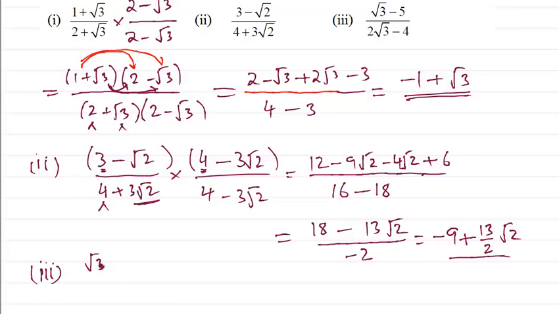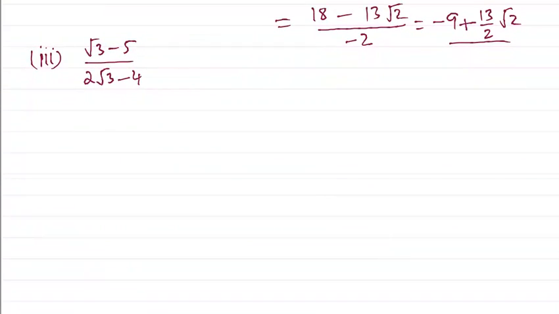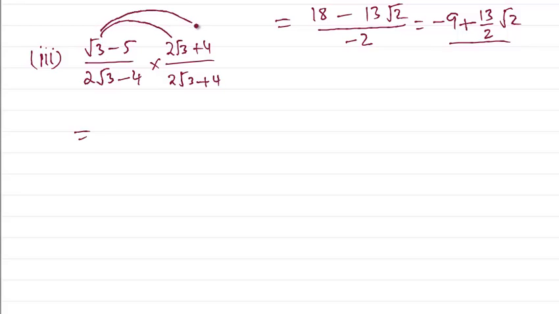So root 3 minus 5, 2 root 3 minus 4. Again, multiply by the conjugate. So the top part, root 3 times this, then root 3 times this.